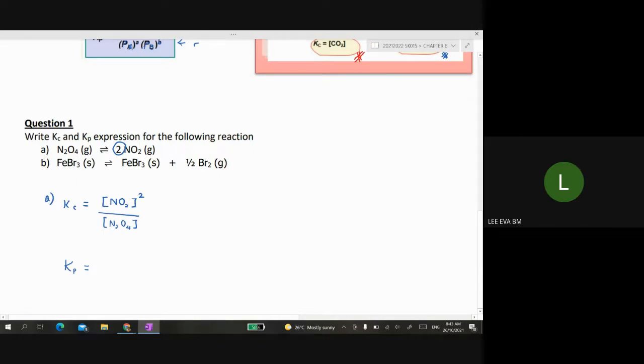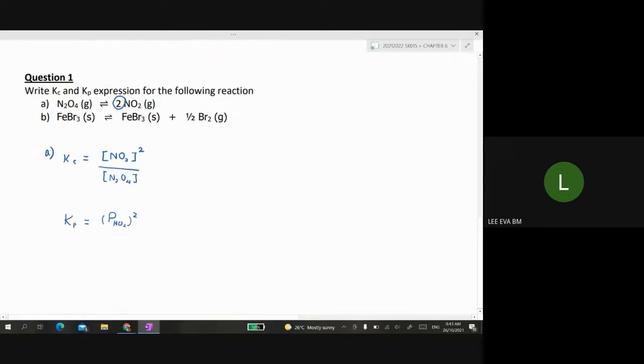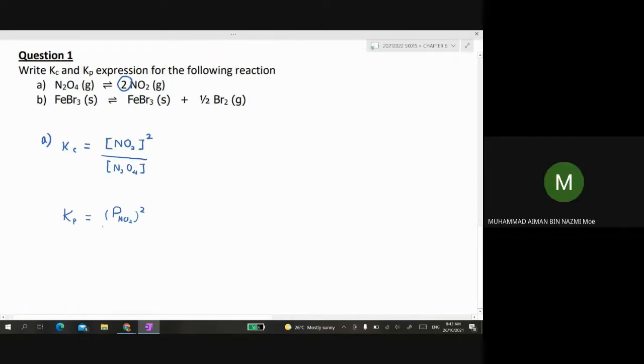Okay, what do I need to write on top? Product. Using symbol P. Okay, so pressure for the product NO2, we're using the normal bracket and still the same coefficient raised to the power 2. Do you get this one? Yes. Okay, and for the reactant, we have pressure of N2O4. So here we go, Kp expression.